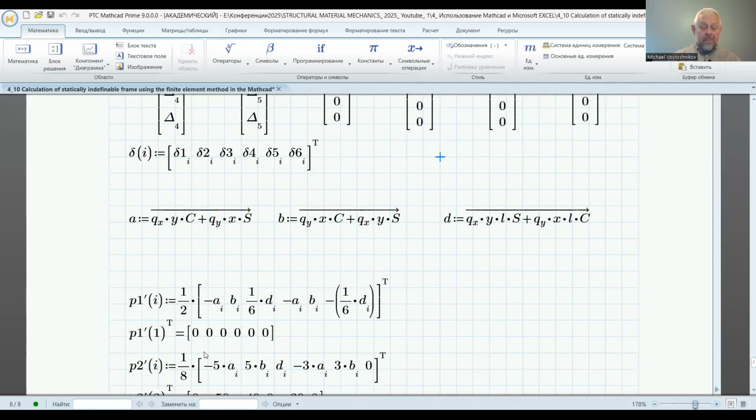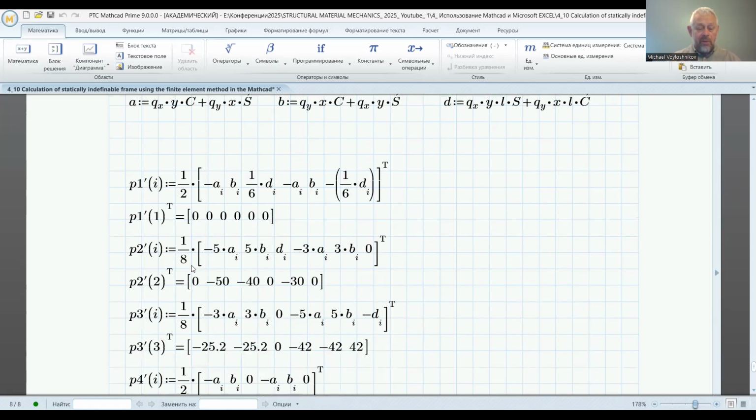After that, we had before the decisions of the end reactions for the standard loaded, statically definable, single span rod finite elements loaded by the distributed load, depending on the type of finite element, on the type of embedding.